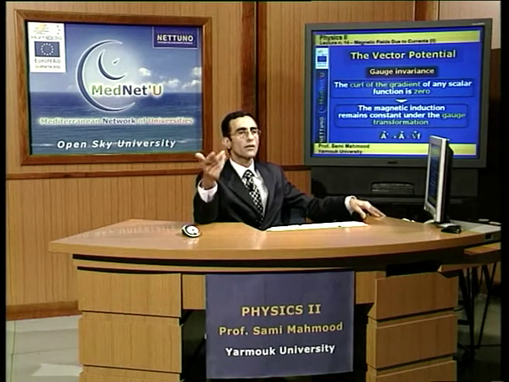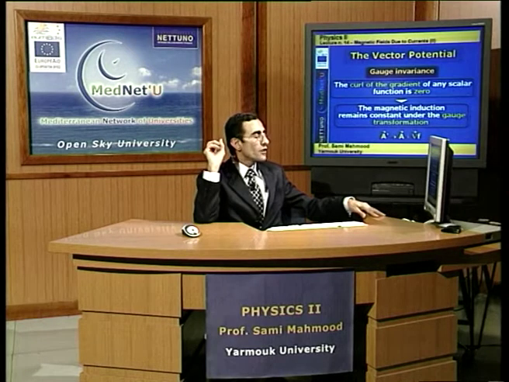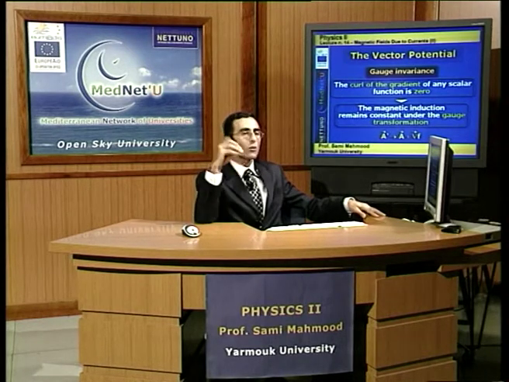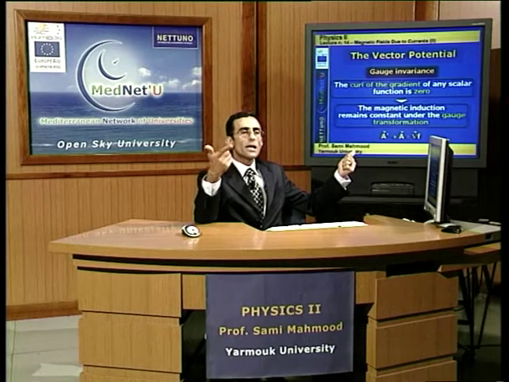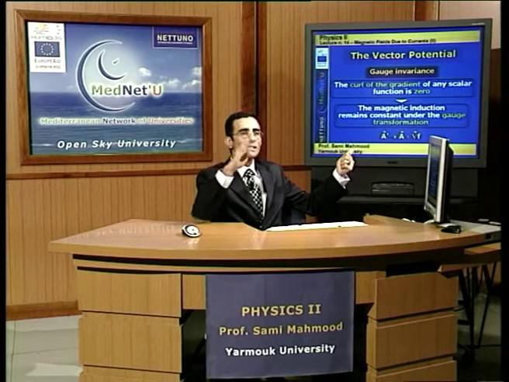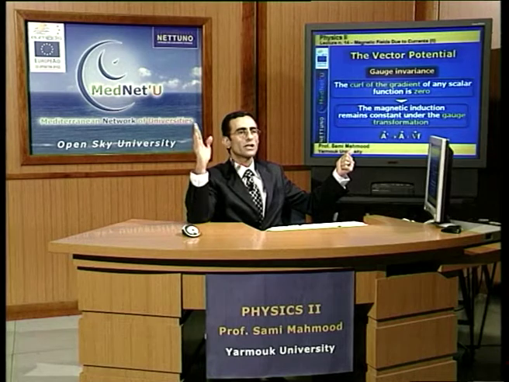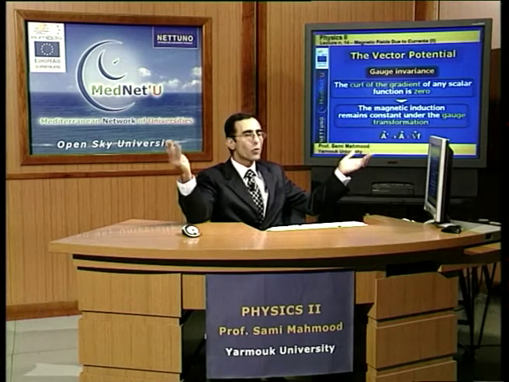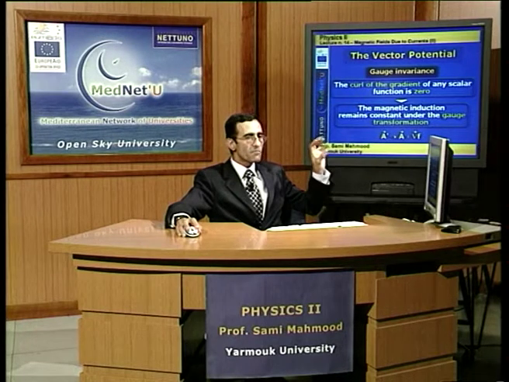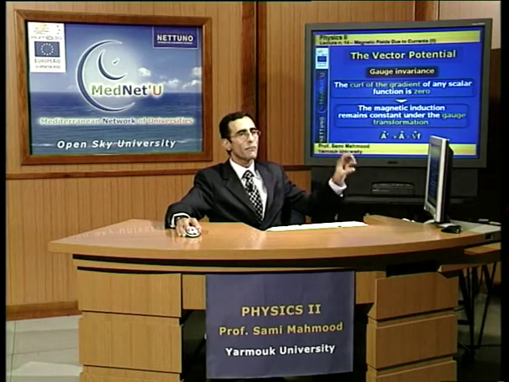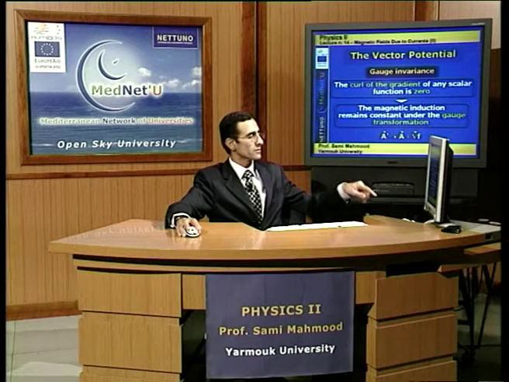The curl of the gradient of f is 0. That means the curl of A prime is equal to the curl of A. That means the magnetic induction calculated from A prime is exactly the same as the magnetic induction calculated from A. And we call that gauge invariance, that the magnetic induction remains the same under that transformation of fields.